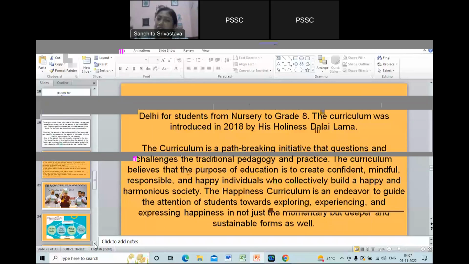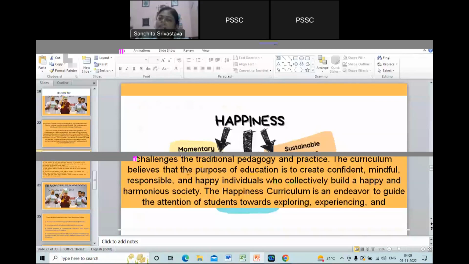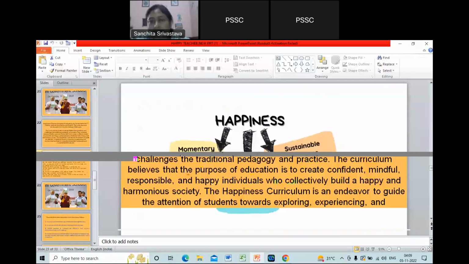Sustainable happiness is something that stays along with you. The learning and the awareness, that is actually the sustainable happiness. See, if the happiness sustains in itself, it will give you a lifelong good memory, isn't it?